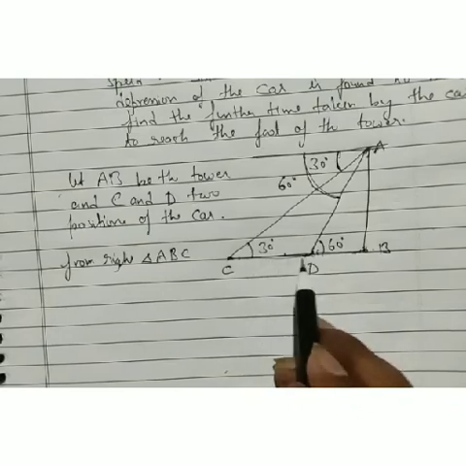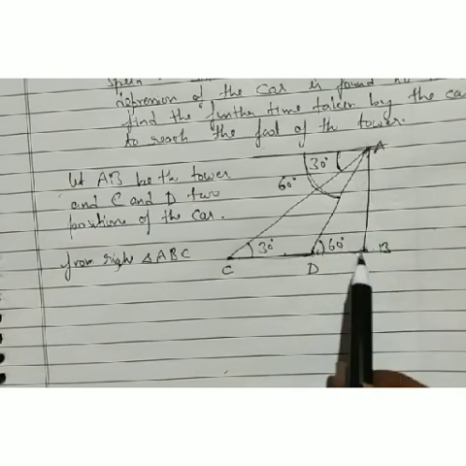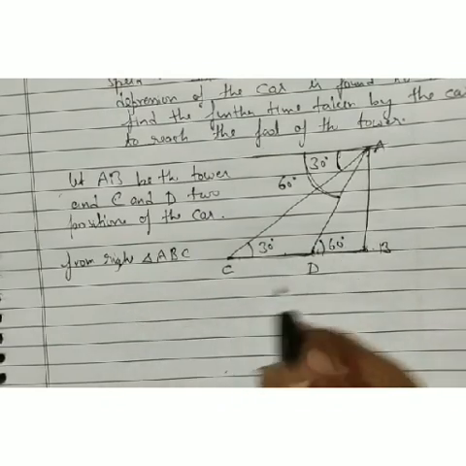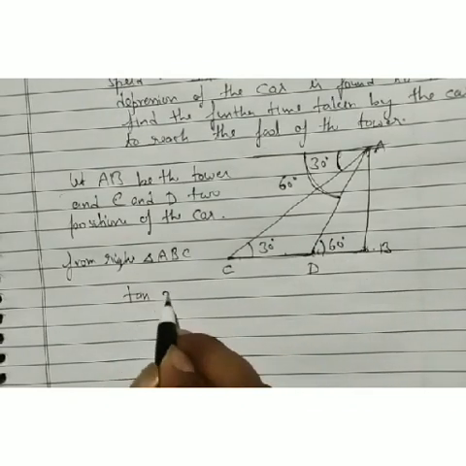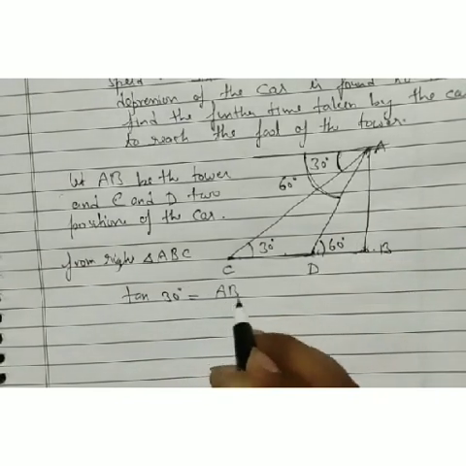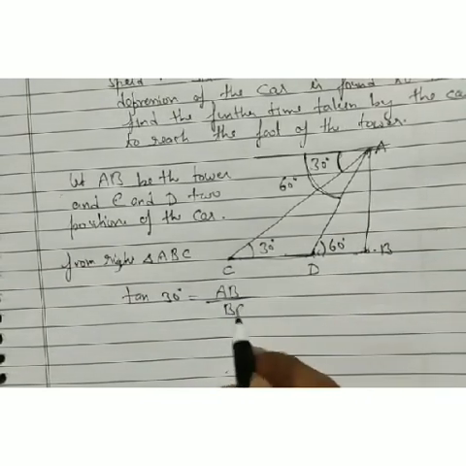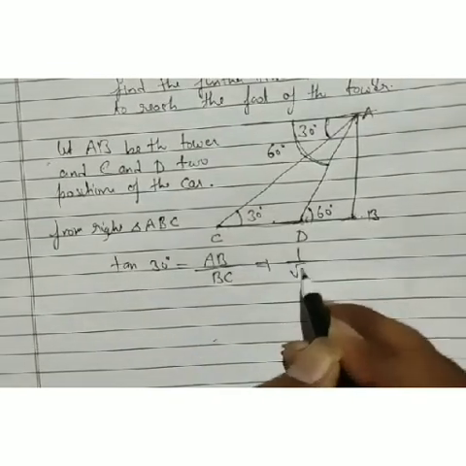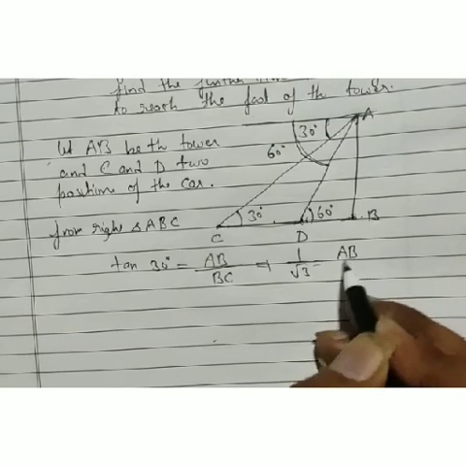Then we need this horizontal line, and the common thing is the height of the tower. Then we are going to use the tangent ratio. Now tan 30 is equal to AB upon BC. The value of tan 30 is 1 by root 3.